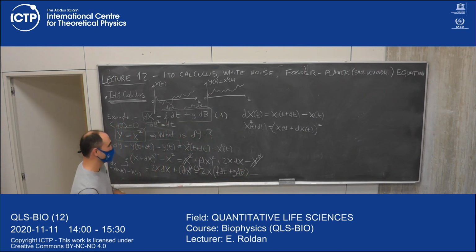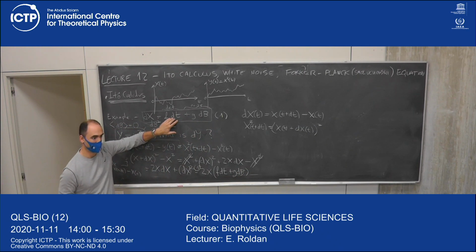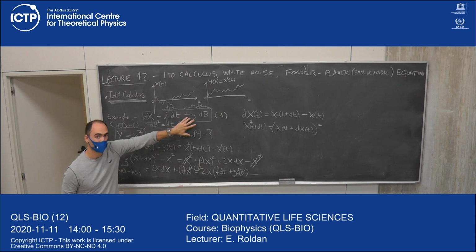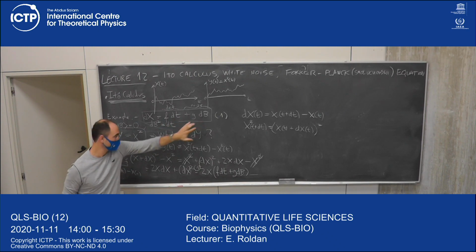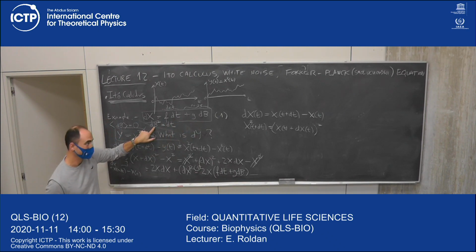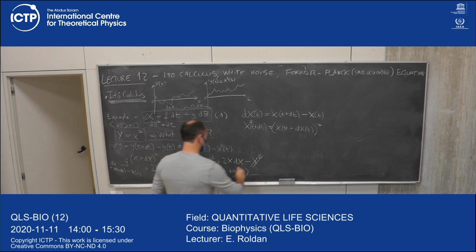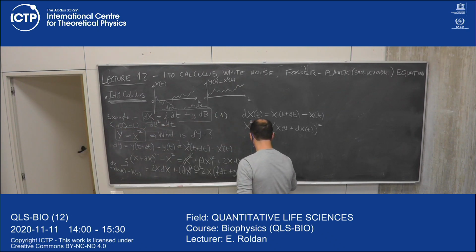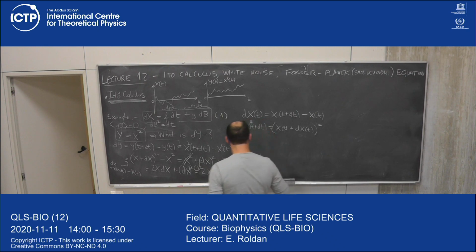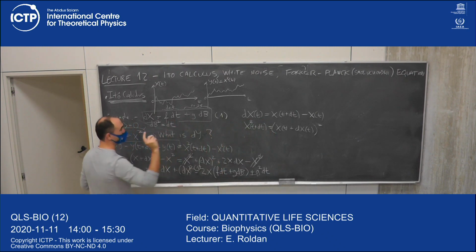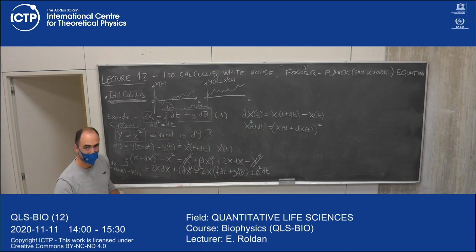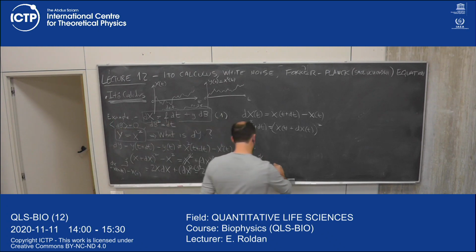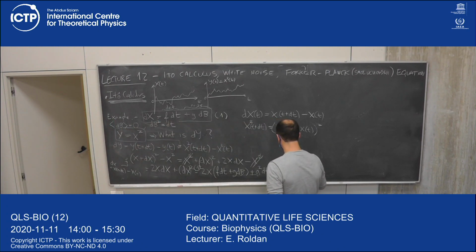So what is dx squared? It is f squared dt squared, which we neglect, plus g squared dv squared. dv squared is dt, so it's g squared dt. Plus terms with dv times dt, which is of the order of dt to the 3/2. So all the rest that comes is of the order dt to the 3/2.